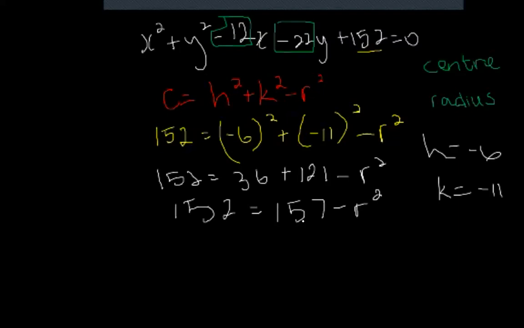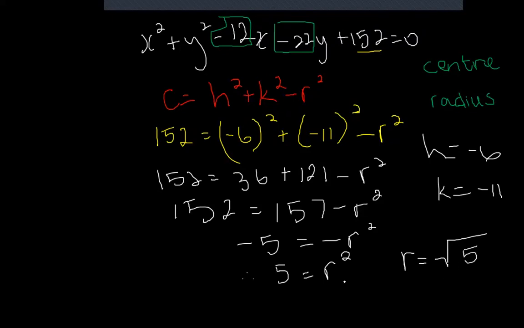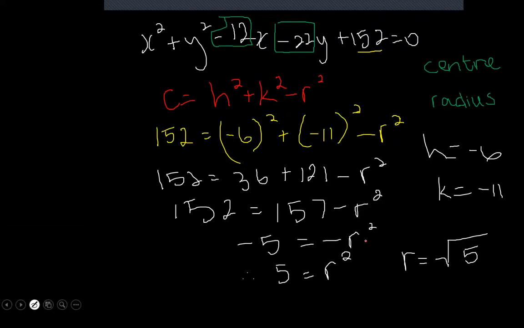I could minus 157 on both sides, so I'll end up with minus 5 is equal to minus r squared. Therefore, 5 would be equal to r squared. And to find r, we have to square root both sides. So r is equal to the square root of 5. Since they didn't give you any units, you should write the word units here.